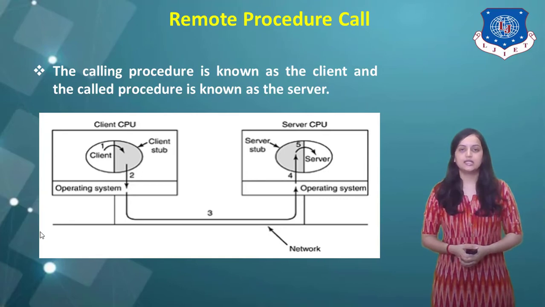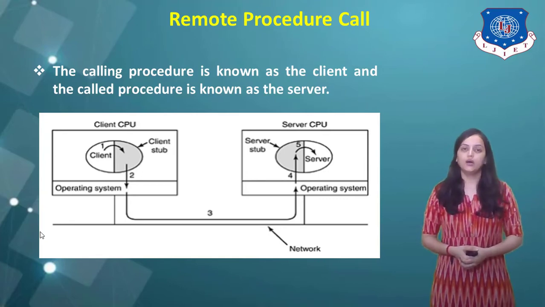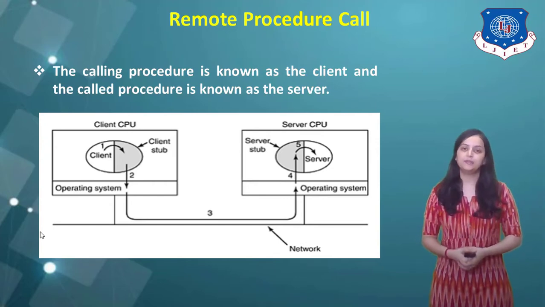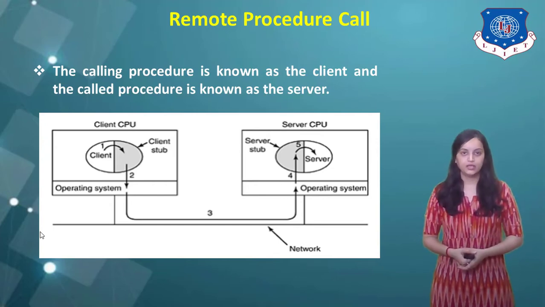The third process is to transfer the data through the network. Now, when the data is received at the server side, the fourth procedure is to send this data from its operating system, that means from the operating system of the server to the server stub, that means the library procedure at the server side.